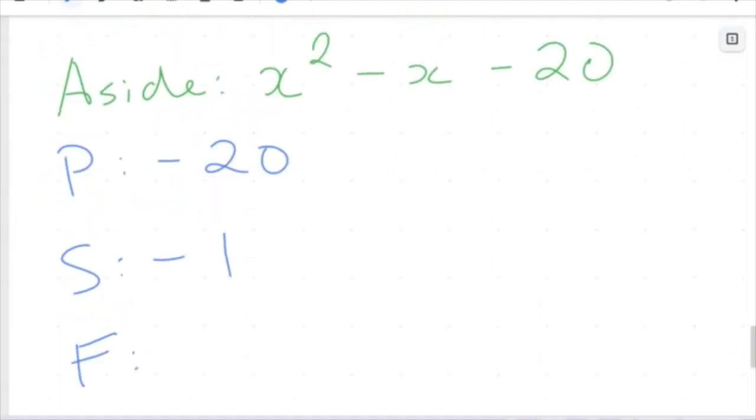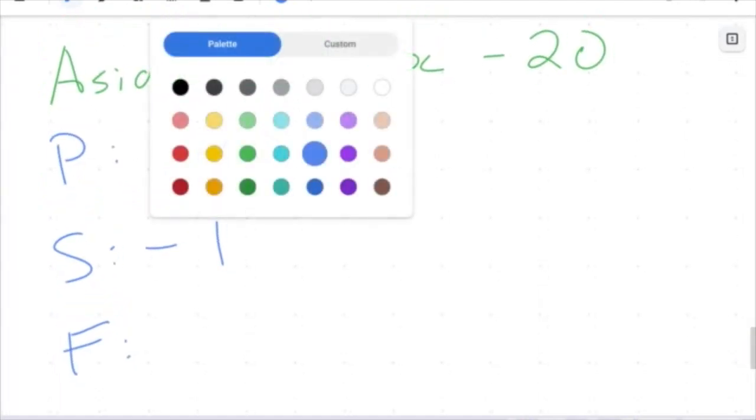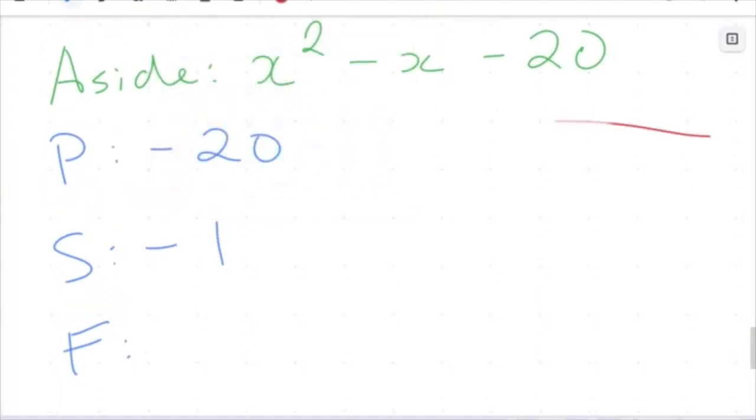So if I want to pick out the factors of negative 20, it's important here, because this is negative, the combinations of factors are going to be one that's positive and one that's negative, and vice versa. But here we have a sum that is negative, so the number with the bigger magnitude is likely going to be the negative number.